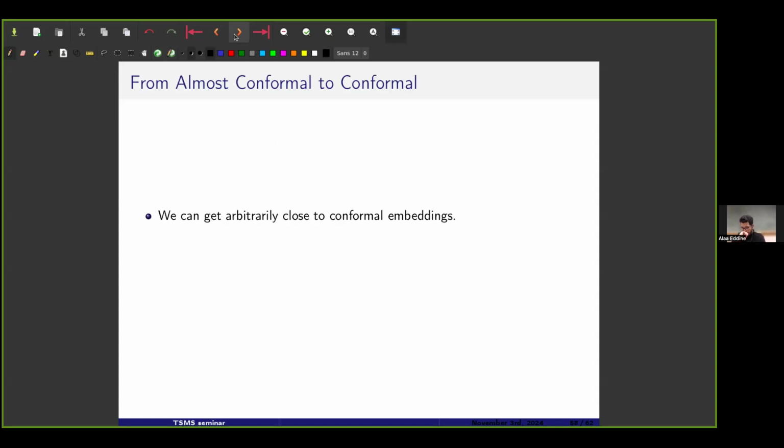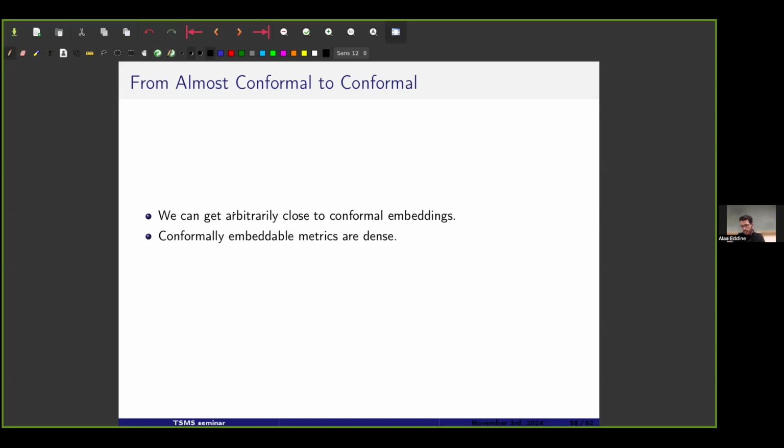Okay. So this implies that if you fix a conformal, if you fix a metric, you can find an embedding which is almost conformal for this metric, right? And using the equality that we used, this means that the set of metrics that admit a conformal embedding are dense, right?